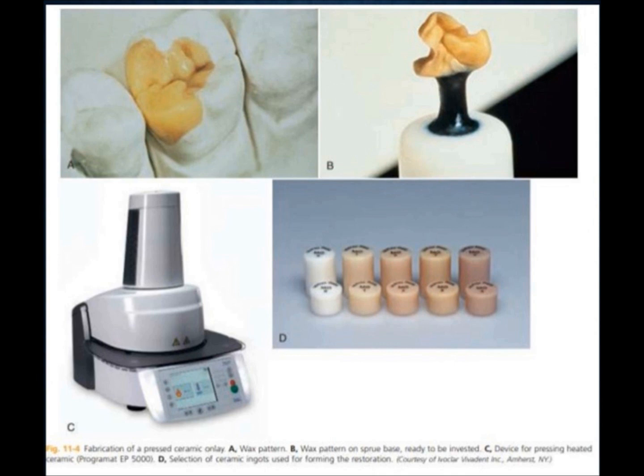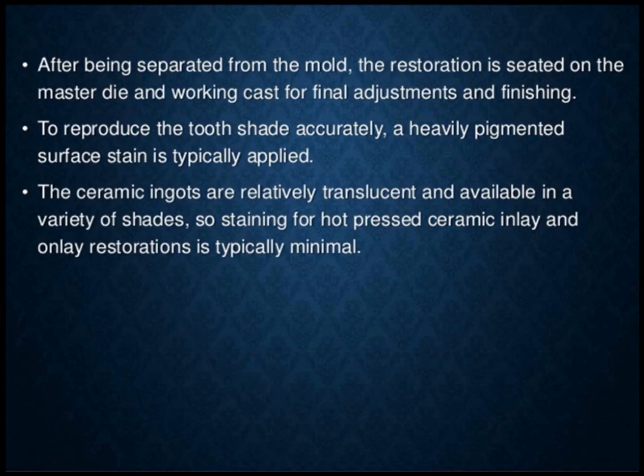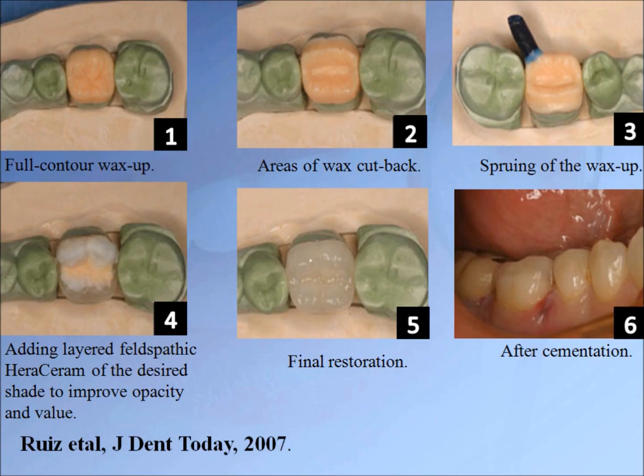At approximately 2020 Fahrenheit, the ceramic ingot becomes plastic and is slowly pressed into the mold by an automatic machine. After being separated from the mold, the restoration is seated on the master die and working cast for final adjustment and finishing to reproduce the tooth shade accurately.